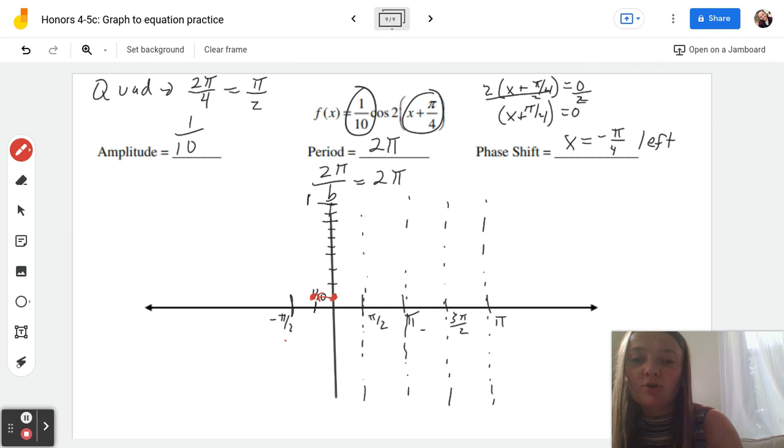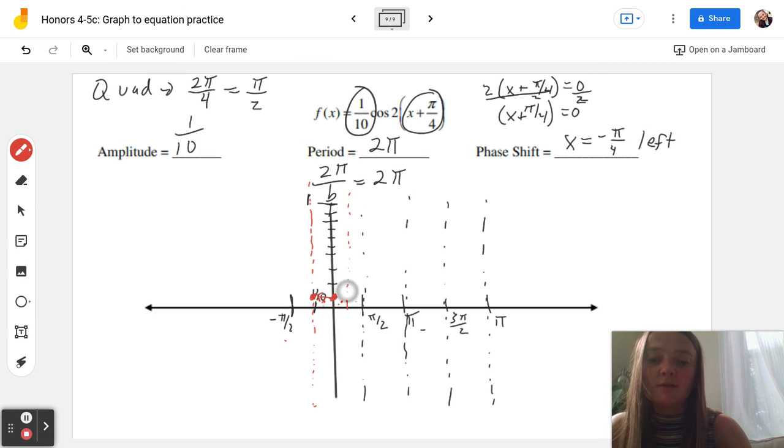From there, I'm going to go ahead and create a quadrant line in red, and I'm going to create new quadrant lines from here. So basically, I need to go a distance of pi over 2 to get to my next spot. So right here, if this is pi over 4, pi over 4, pi over 4, we need to go a whole distance of pi over 2 to make it to the next quadrant. So what that means is if I go 1 pi over 2, 2 pi over 2, my new quadrant line is going to be right here.